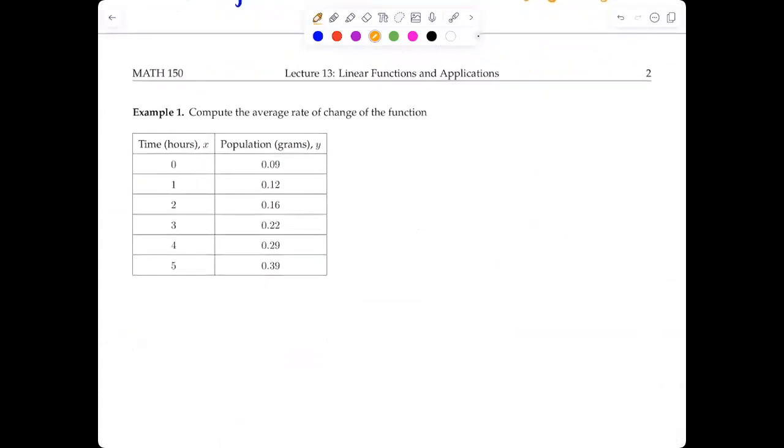All right, so for the first two data points, you have 0.12 minus 0.09 over 1 minus 0. This is equal to 0.03. For the next two values, you do 1.16 minus 0.12 divided by 2 minus 1.